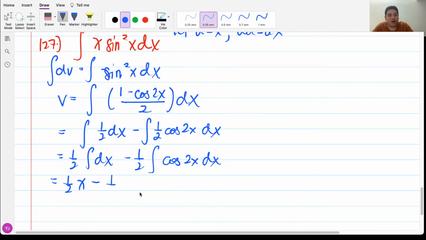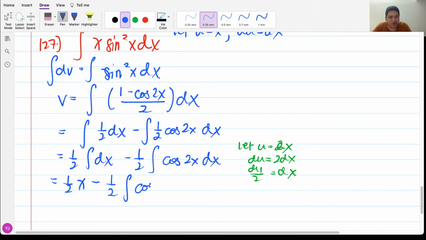Okay, so how are we going to integrate cosine of 2x? That's u substitution with a factor of 2. So if we let u again be 2x, the du will be 2 dx. So du all over 2 becomes dx.